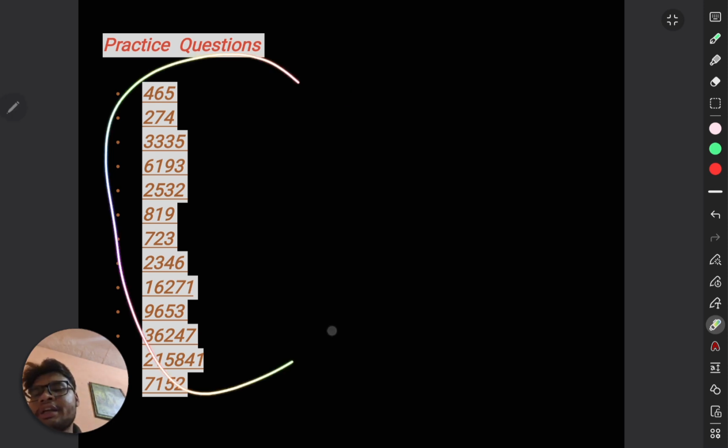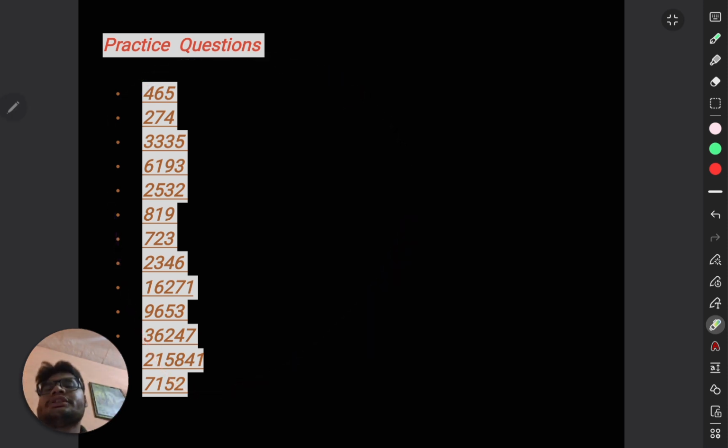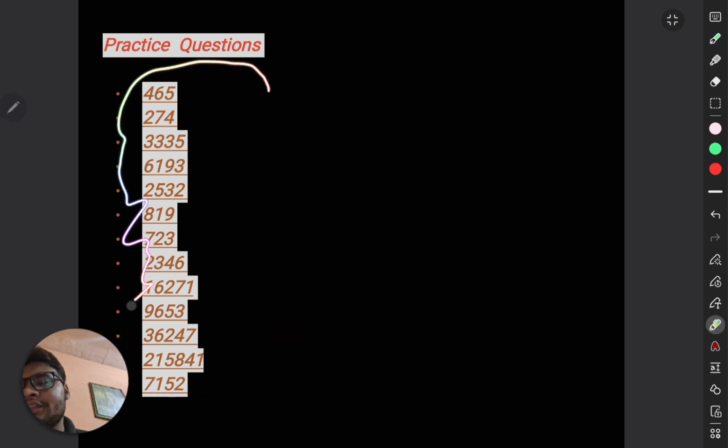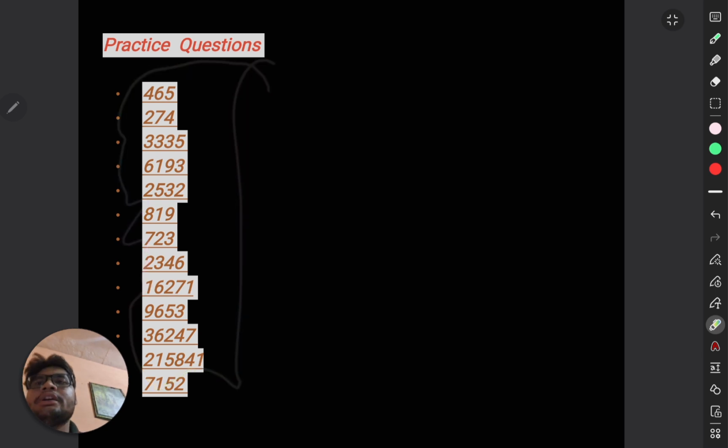You have to practice these examples and find the sum of these numbers using casting out 9. If 9 is not available in any number, then you have to find those digits, those figures which make 9 by adding up, okay. So you have to solve these. It is compulsory to solve these numbers, okay.